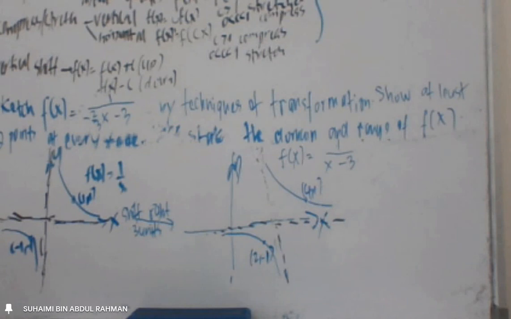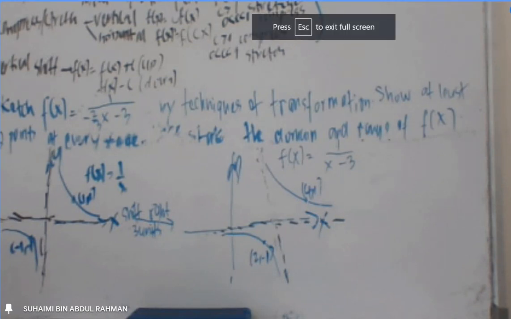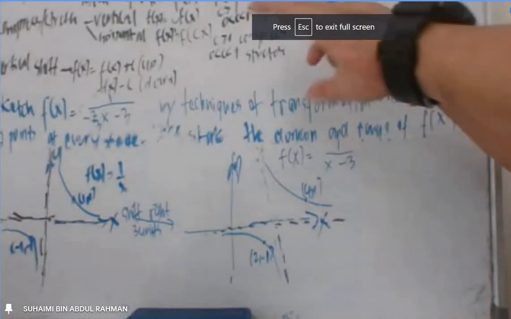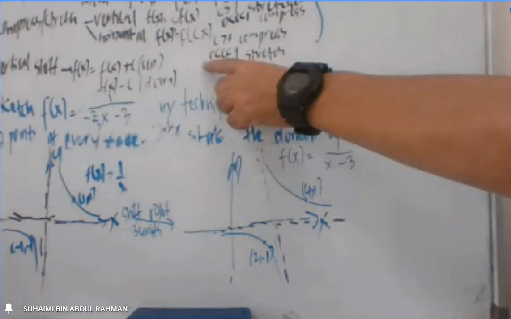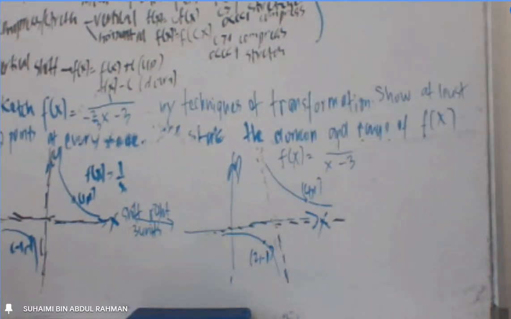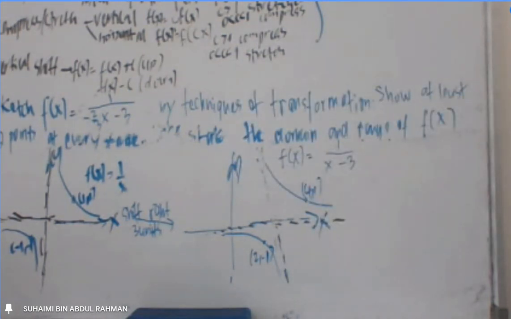No, not negative. Why negative? Now we're talking about no reflection, we're talking about compression first. It's located between 0 and 1, meaning it is a stretch. Right, you try to solve yourself.